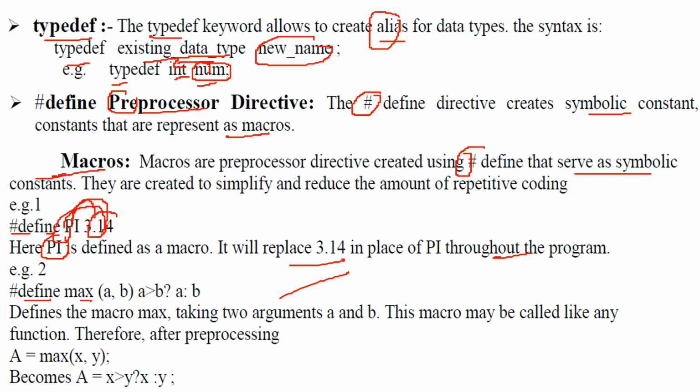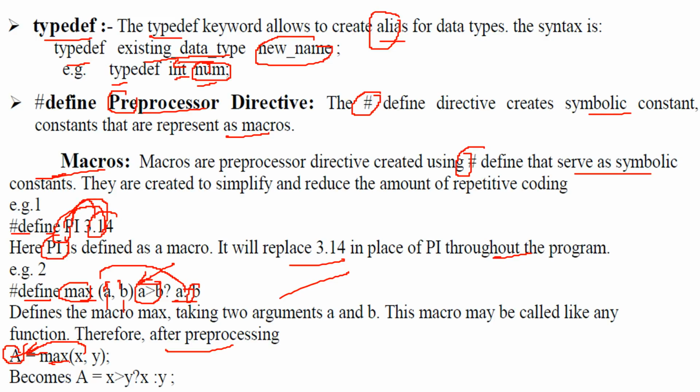Then we also have something resembling a function: hash define MAX(a, b) ((a) > (b) ? (a) : (b)). This defines a macro called MAX, which takes two arguments, a and b. This macro may be called like any other function. As an example, if you preprocess a = MAX(x, y), if a is greater than b then a is assigned, otherwise b.